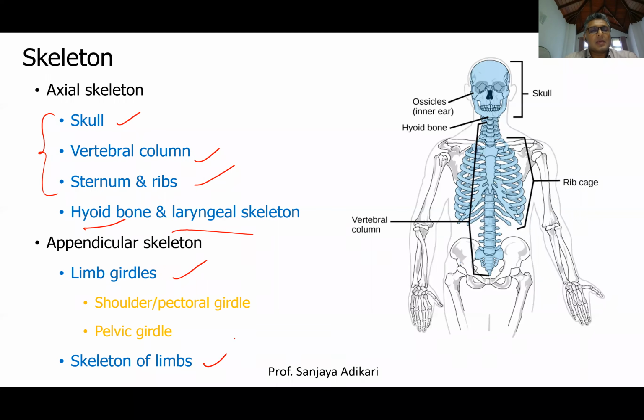And when it comes to limb girdles, the upper limb is connected to the axial skeleton through the pectoral girdle or the shoulder girdle, and the lower limb is connected through the pelvic girdle. So you have your pectoral girdle here, or the shoulder girdle, and you have your pelvic girdle there. So that is the basic arrangement. So through the limb girdles, the limb skeleton is connected to the axial skeleton in the center. That is the basic rule.